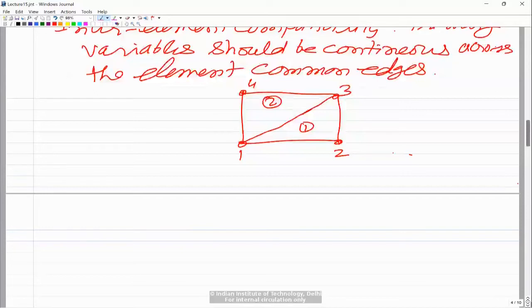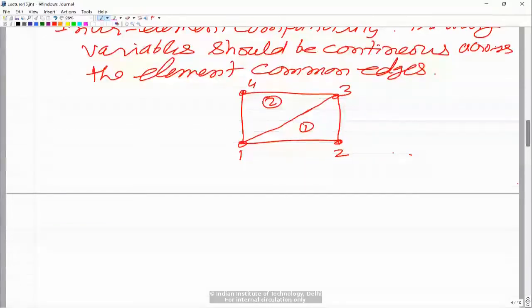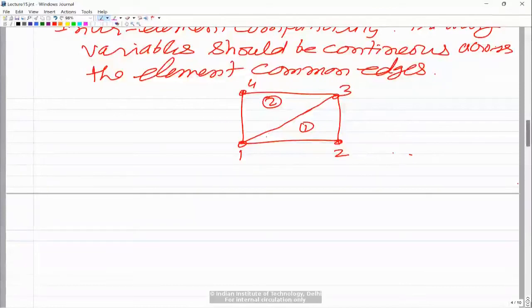But we also have to ensure that the temperature distribution obtained along line 1, 3 from element 1 is the same as that obtained from element number 2. So when we get the temperature distribution along line 1, 3 from element 1, that should be the same as whatever distribution we get from element number 2. If it is so, then we say that the element satisfies the inter-element compatibility requirement.